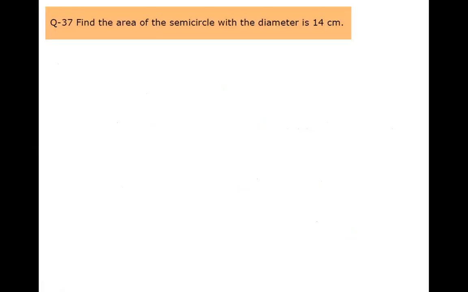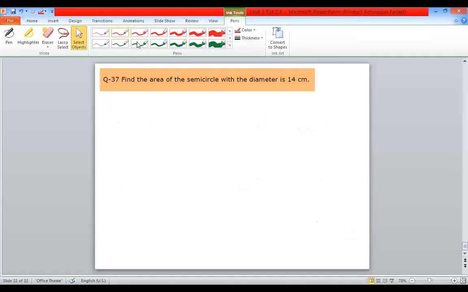Children, now you have a diameter and you can find the area. So D is given, 14 centimeter. We know the relation between D and R. R is equal to just D by 2. That means 14 by 2. It's 7 centimeter. So it's really easy.